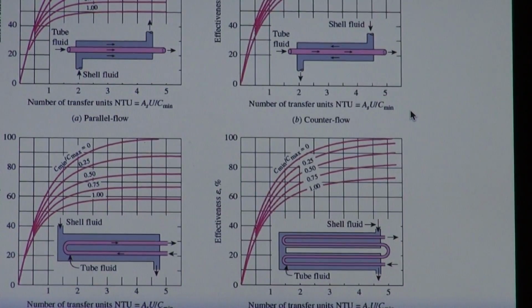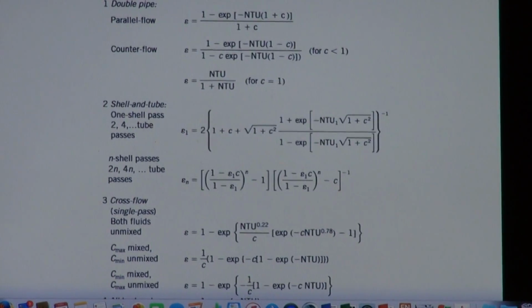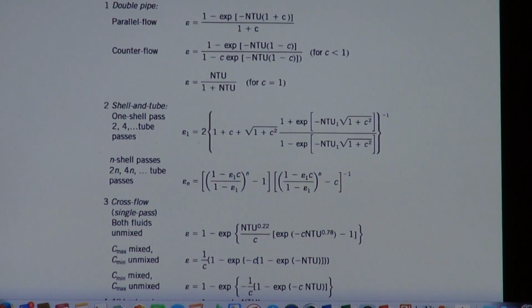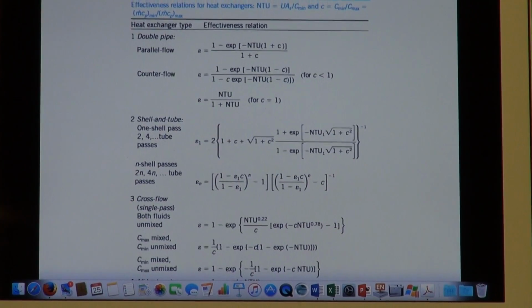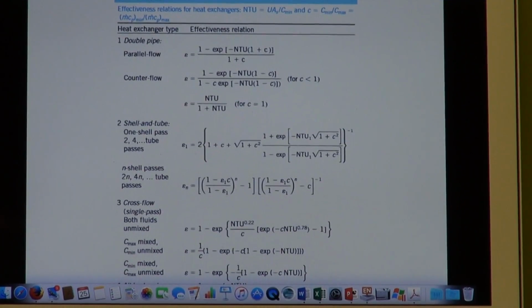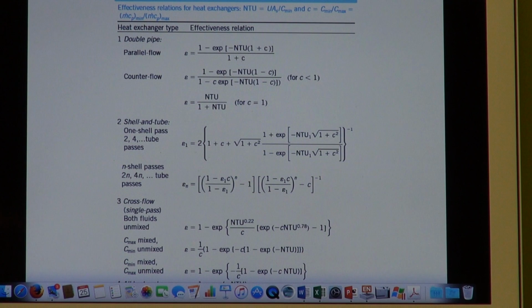No, it doesn't want to. Okay, but take a look at it, and you'll see typically the results of 3 different heat exchangers. The first one is the double pipe, in which we've got the parallel flow heat exchanger and the counter flow heat exchanger. Then there's the shell and tube with different passes, and then the cross flow. And then there's one at the bottom, which you cannot see, unfortunately, but I'll say something about it just now.